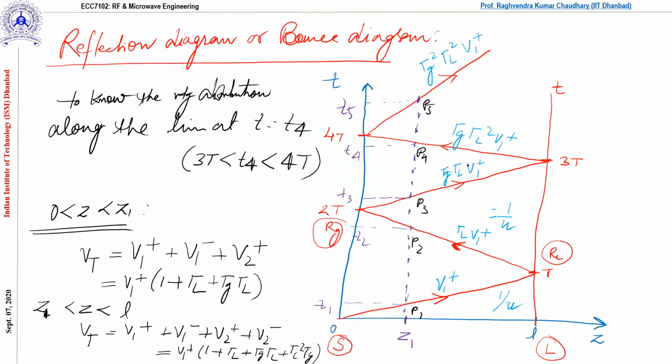That is why we are considering V2 minus as well. So this is actually the logic of finding the things.